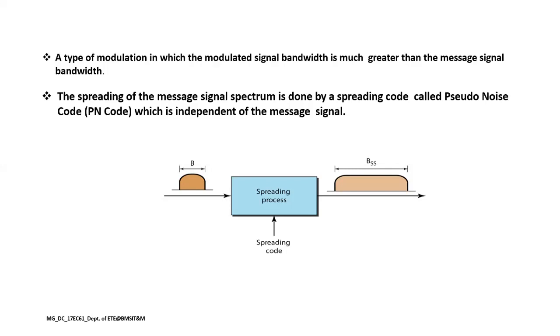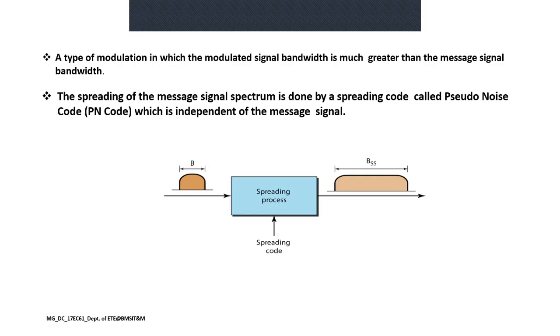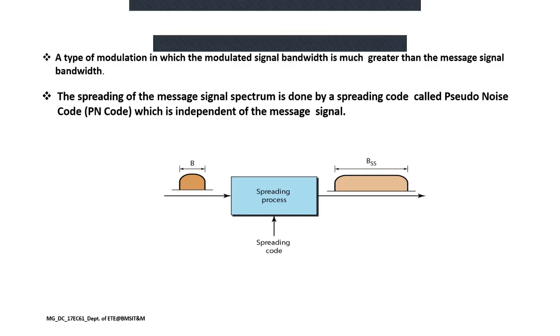The pictorial representation is shown here. This is the information bearing signal, having a bandwidth of B, which is passed through the spreading process.